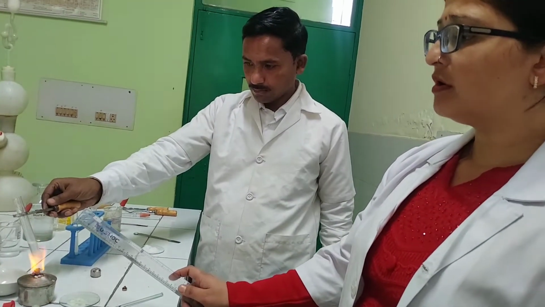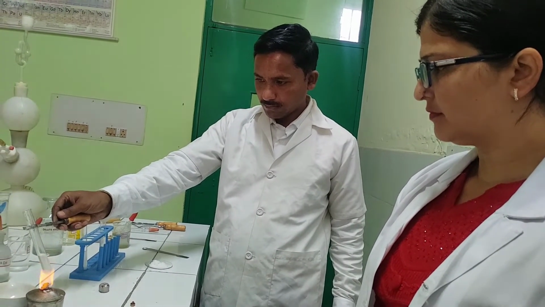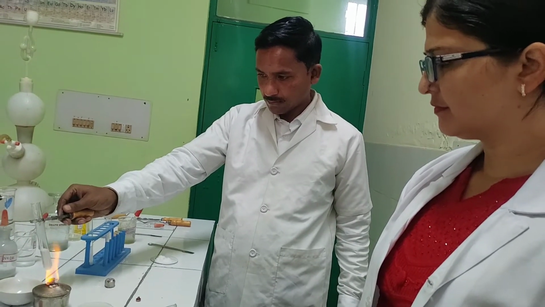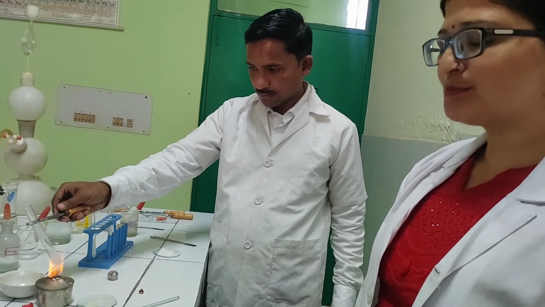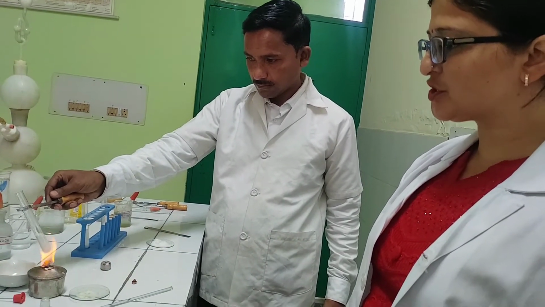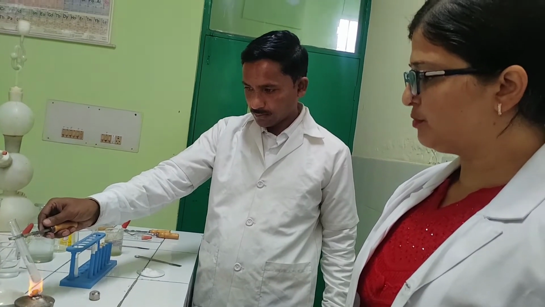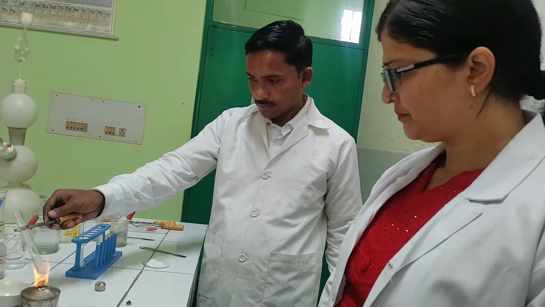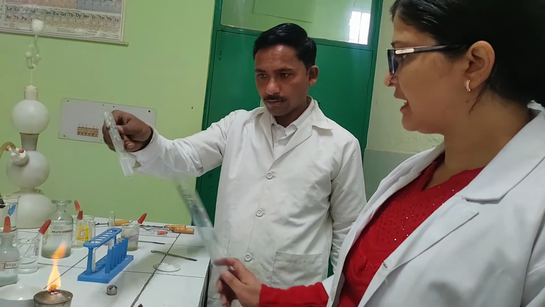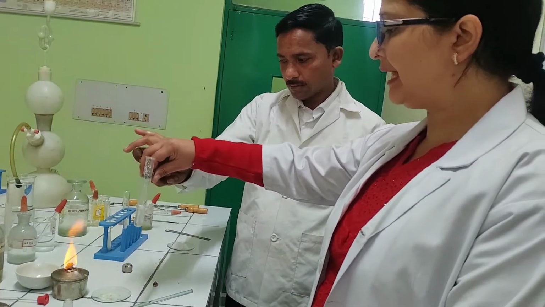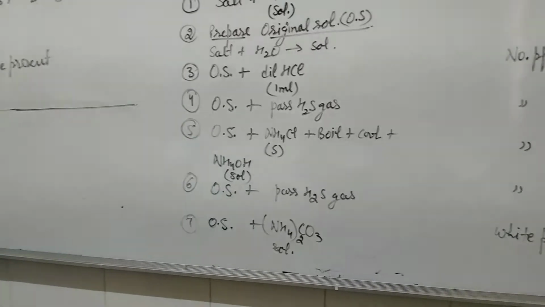We have to boil it. After boiling, you have to cool it because the temperature is high. So after some time, it becomes cool. So after boiling, now we will cool it and then we will add the ammonium hydroxide solution in it.